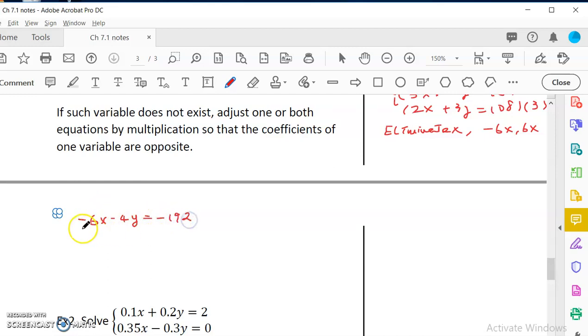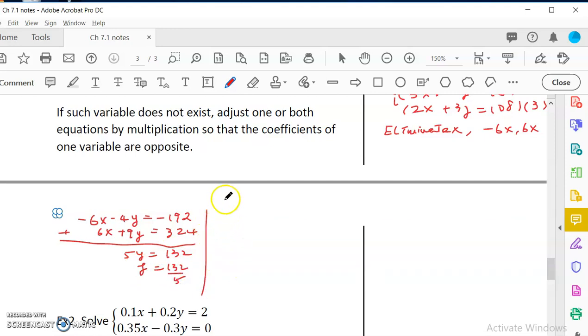And then the other one would be 6x plus 9y equal to 108 times 3, 324. And I add them, so that all the x goes away. I only have 5y equal to 132. Oh gosh, that's very funky. y equal to 132 over 5.